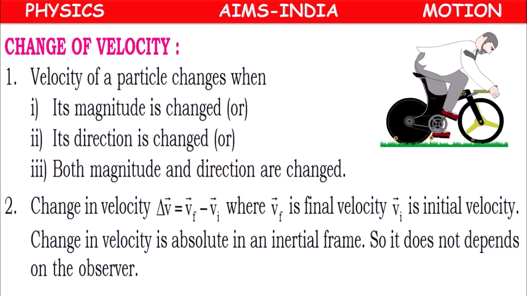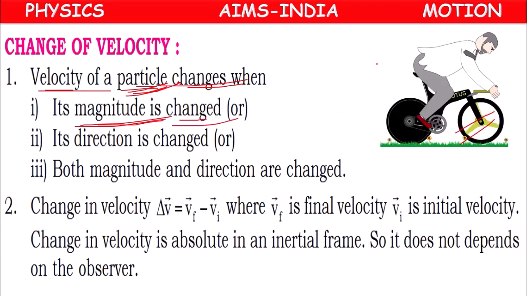Next one. So here, change of velocity. The velocity of a particle or a moving body will change if the magnitude is changed. Suppose here we are pedaling the cycle. If we change the speed of pedaling, or while traveling on a bike, if we raise the accelerator, then its velocity will increase.